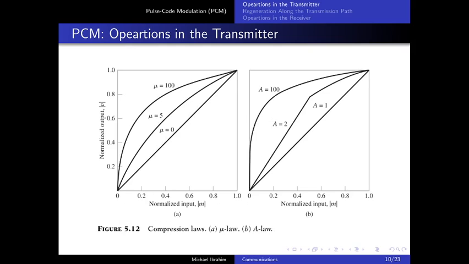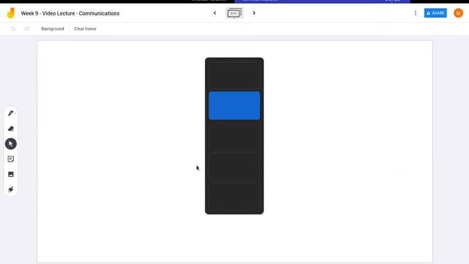And in this case, as you can see, this is mu equal to 0. And of course, over here, you will have a uniform relation between input and output. So the same number of levels appearing in the output will be identical to the ones appearing in the input. And in this case, we will be having a uniform quantizer.